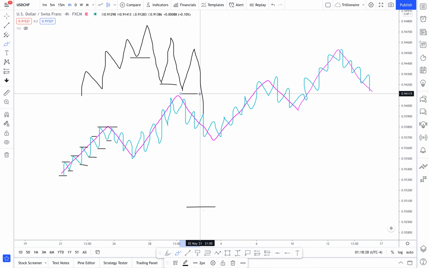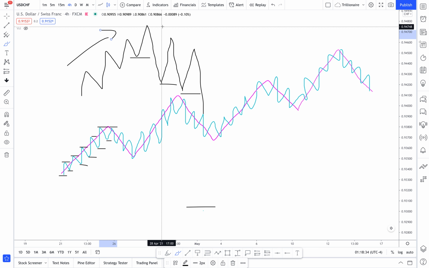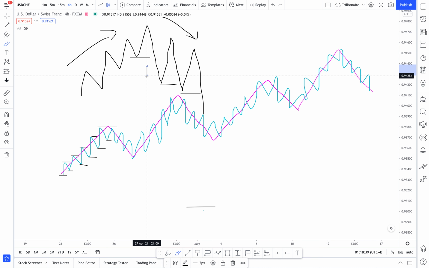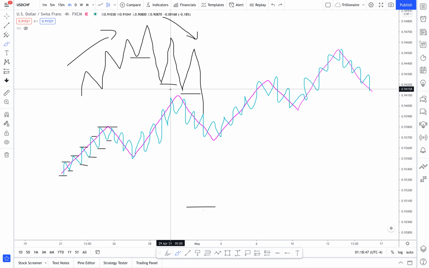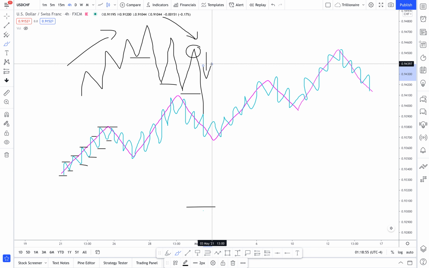So in order for me to understand that price is switching from an uptrend to a downtrend, I need one break of structure, and then I need a second break of structure. The second break of structure is what's going to confirm that we are now within a downtrend, and I can really take advantage of this next retracement for this move to the downside. That is something you do have to keep in mind.